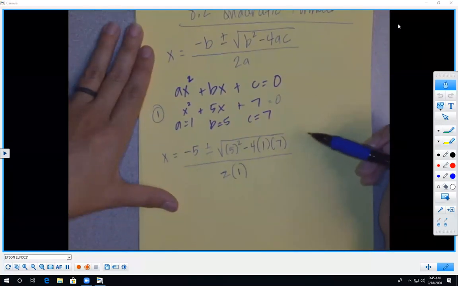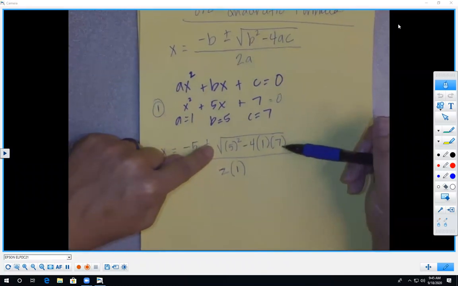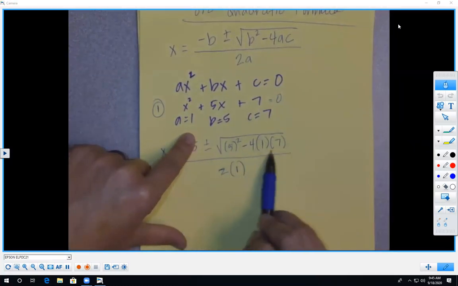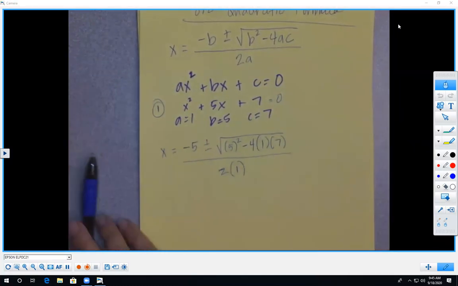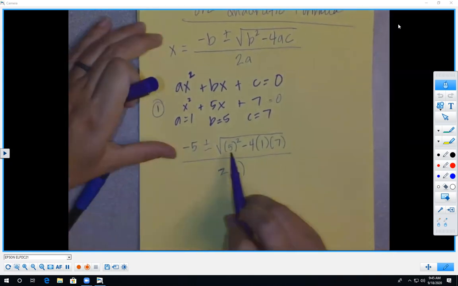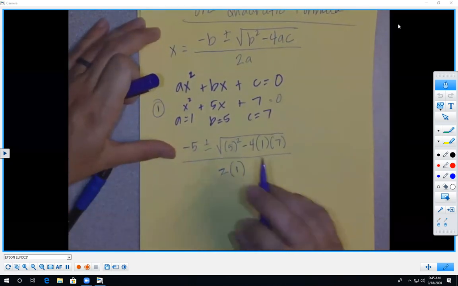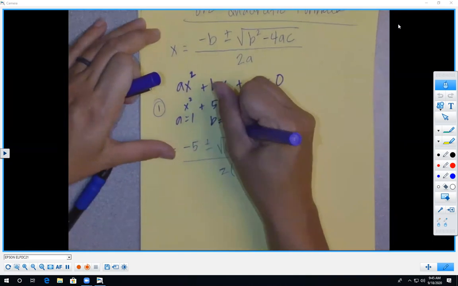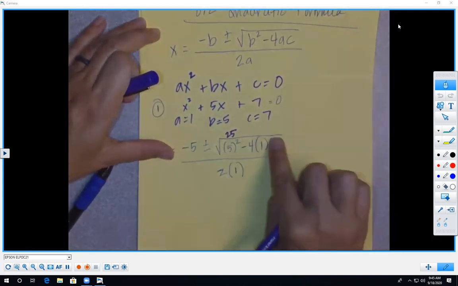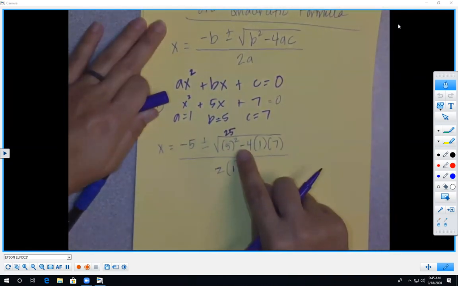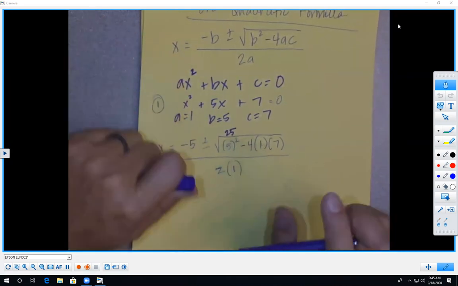Okay, one of the biggest mistakes on this problem is this step right here, figuring out that part under the square root sign. Okay, so when you do it, 5 squared, what is 5 squared? 25. When you figure out this right here, use that minus sign as a negative. The minus sign is what messes everybody up. Okay, don't think of that as a minus sign.